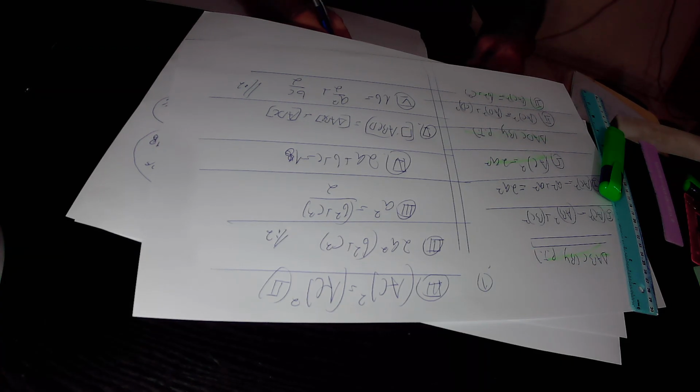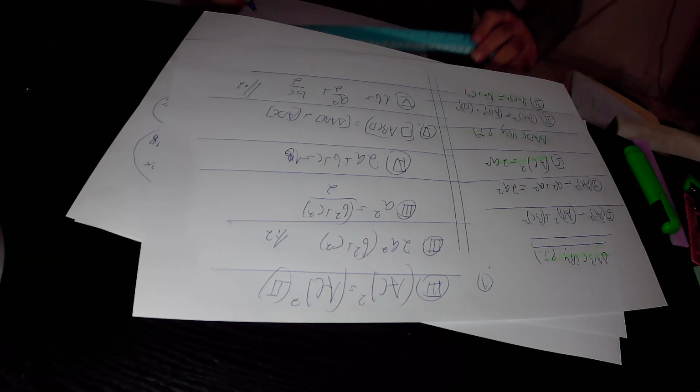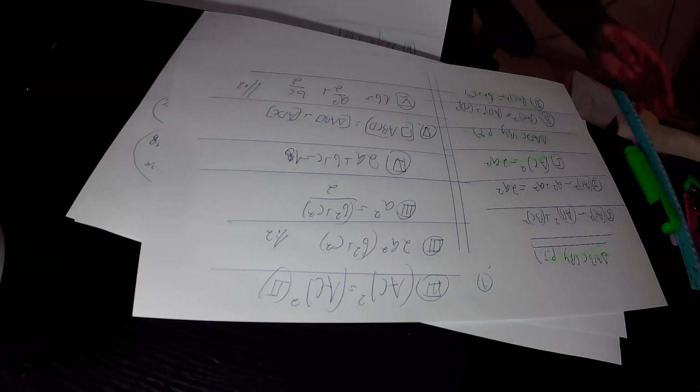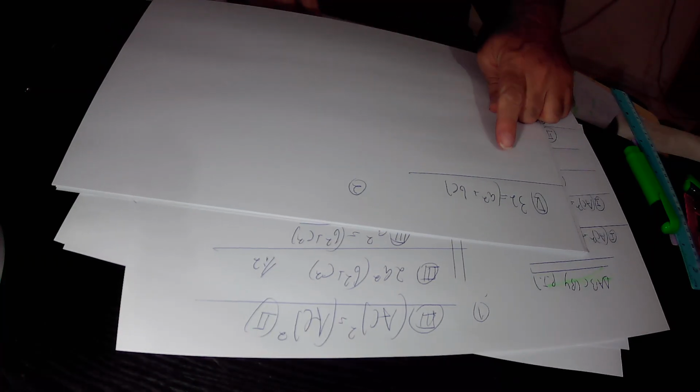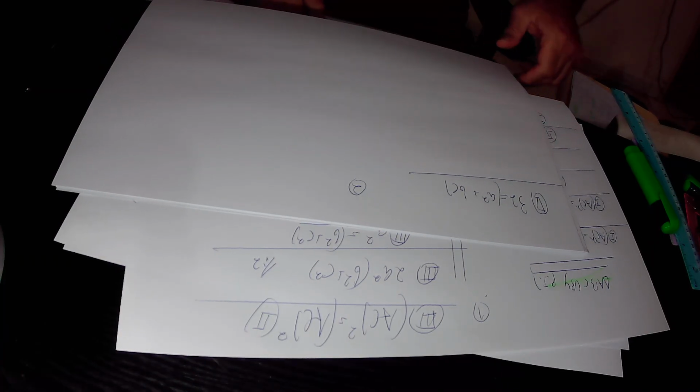So in total we should find out that according to equation 5, 32 equals A squared plus BC.